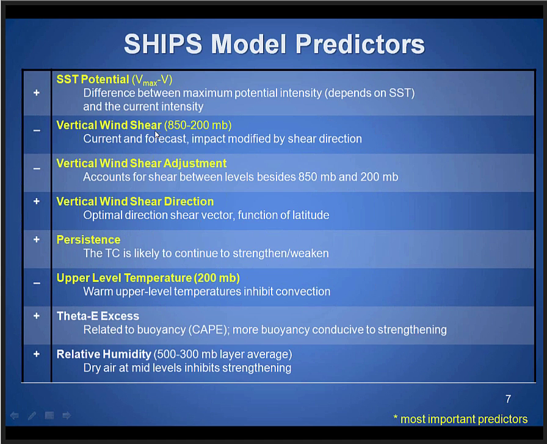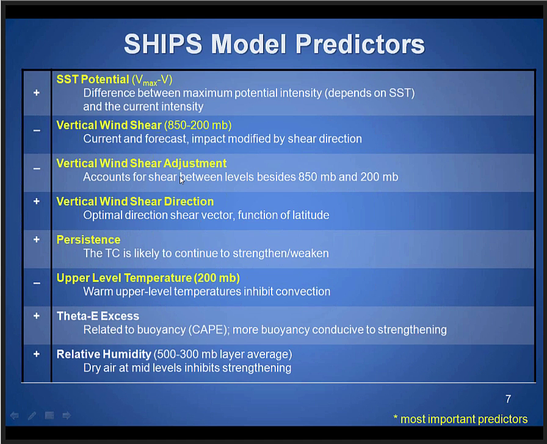Another very important factor is vertical shear. We know that deep tropospheric vertical shear is not conducive for hurricanes to intensify. Once the shear reaches about 15 or 20 knots, between 850 and 200 millibars, that's enough to disrupt tropical storms and hurricanes.